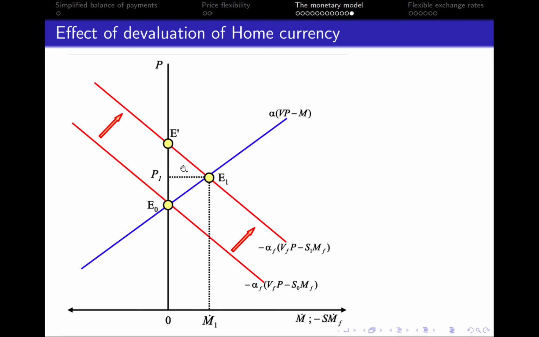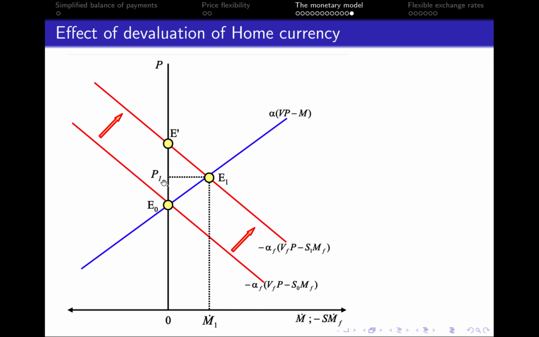But because the short-run equilibrium price is somewhere in between E0 and E prime, we see that actually prices measured in foreign currency have fallen.